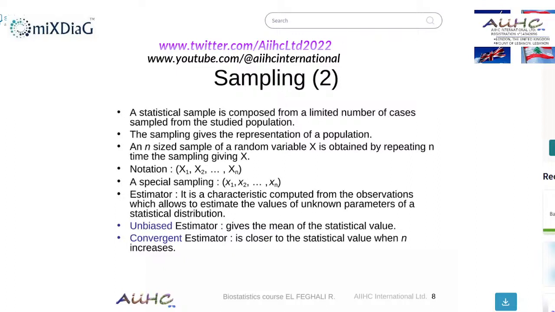Inside the sample, a random variable x is obtained by repeating n times the sampling giving x. To have a random sample, we won't go and seek, for example, this cop who is more or less communist in politics, or this other cop who is more or less Freemason, or Zionist, or Muslim, or Christian.